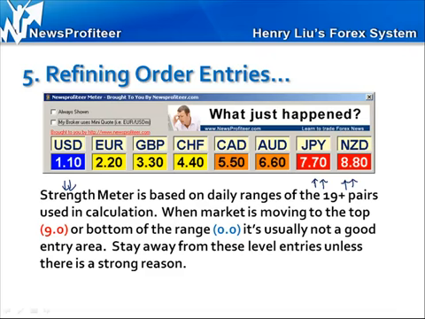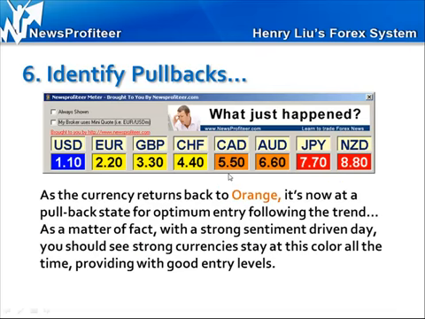Now, the fifth way of using this is to identify a pullback. Usually the market starts to push forward, and you're looking for a retracement, and I do that a lot. I like to wait for a retracement before I jump into the market.